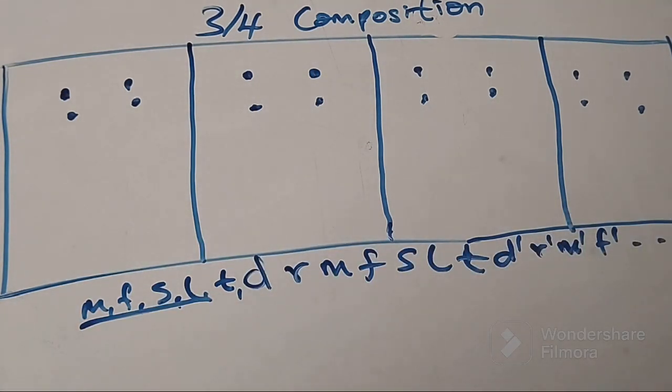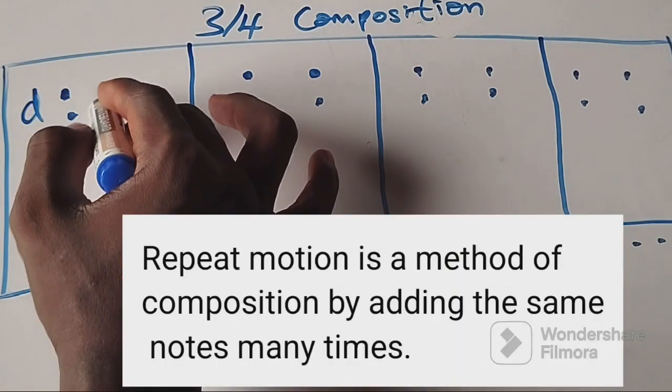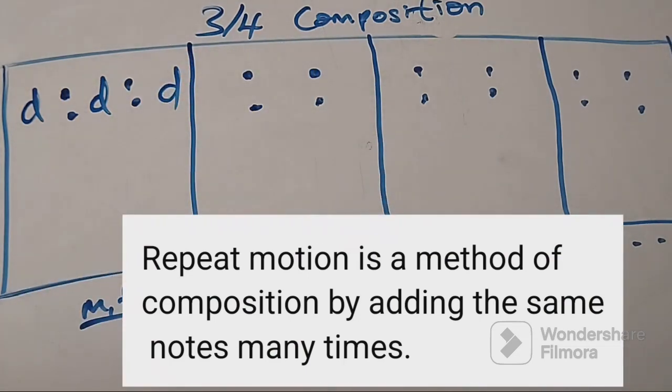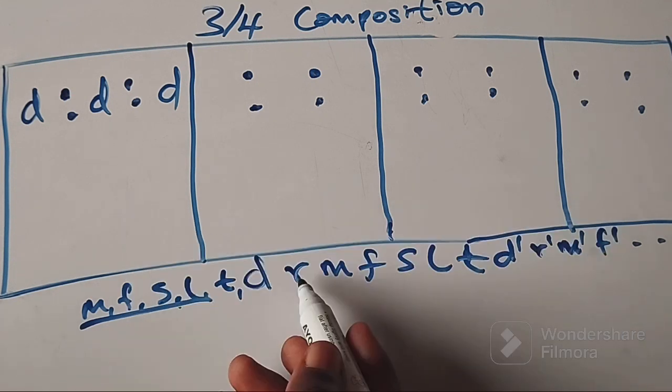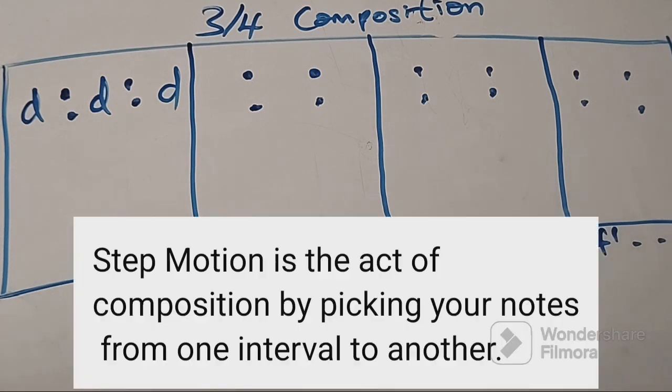This is the lower, this is the main octave, and this one is the higher octave. So if I don't have any melody to form, I can still, through skills, put any notes. Repeat pattern, I will repeat a note. But if it is step pattern, I will go step by step.